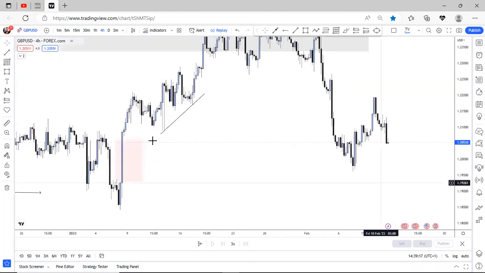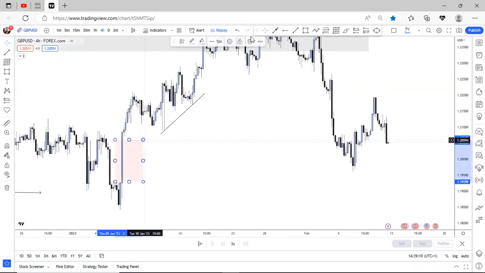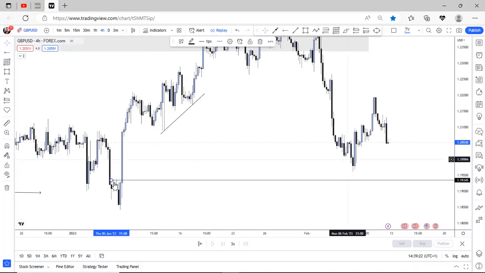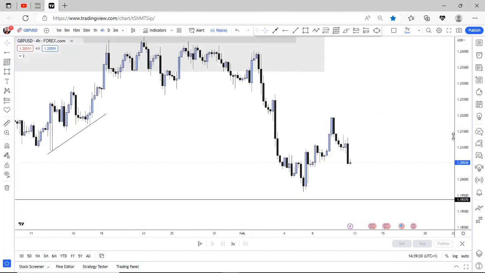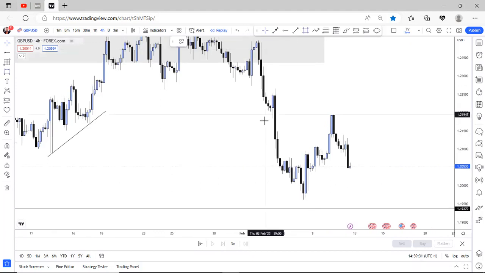But in this scenario right here, this wasn't properly filled. You can see price didn't properly fill this point of interest or demand level, and price came back all the way up to mitigate this supply level right here.